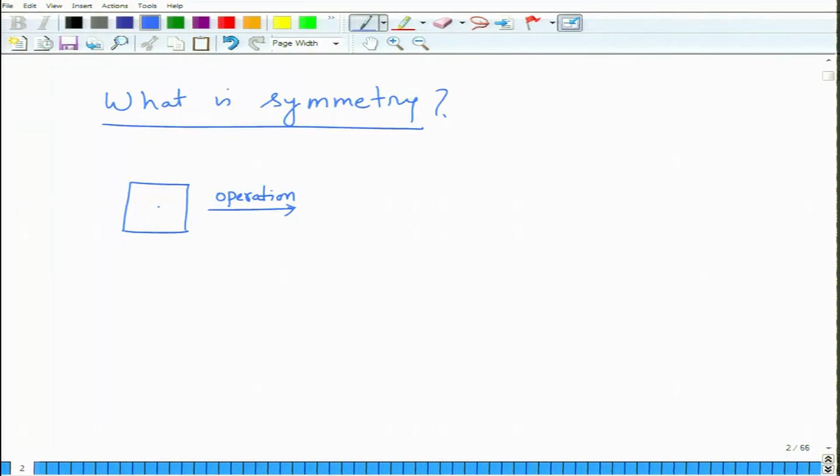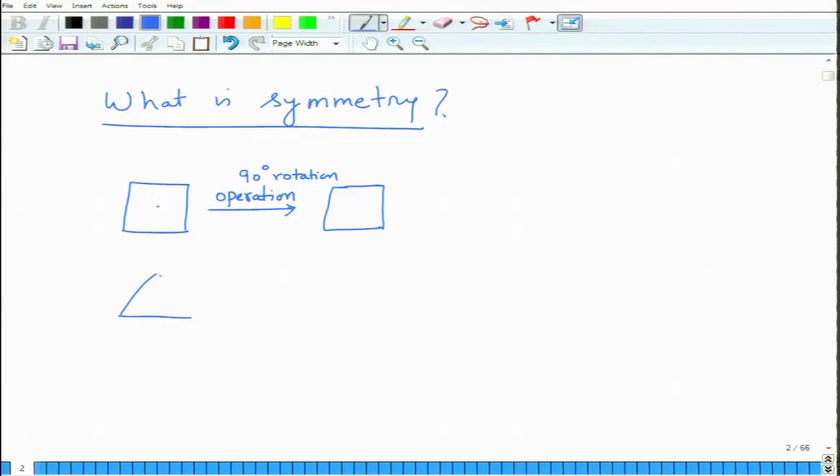One possible option is, if I choose this as the center of the square and I turn it by 90-degree rotation around this axis. So the axis is perpendicular to the plane of the paper. So if I apply a 90-degree rotation, then this again looks the same, right? It comes back to the square shape. So this is a 90-degree rotation. So this is called rotation symmetry.